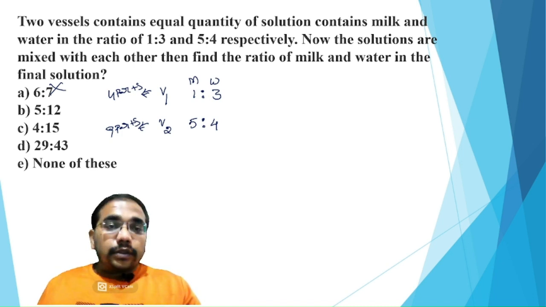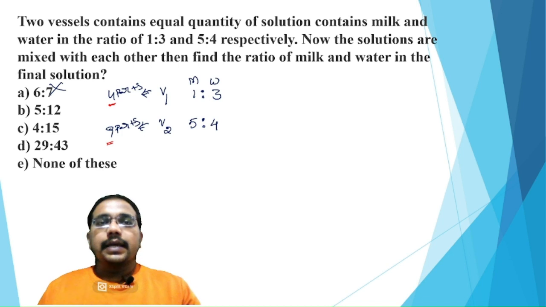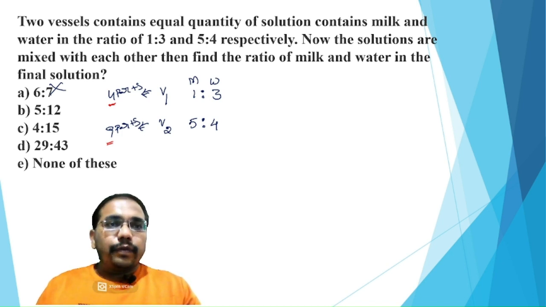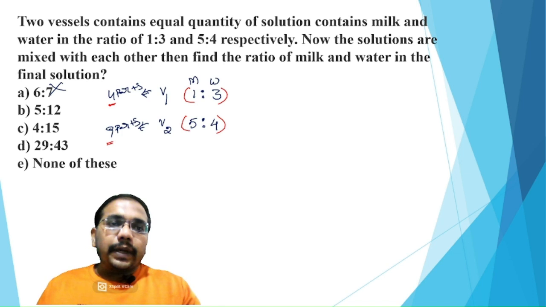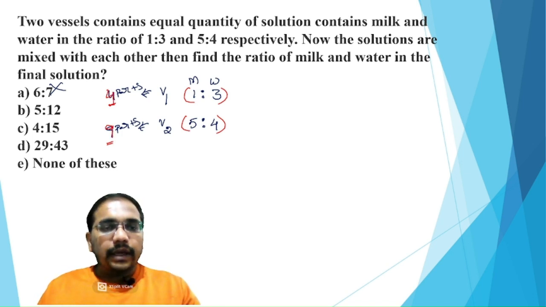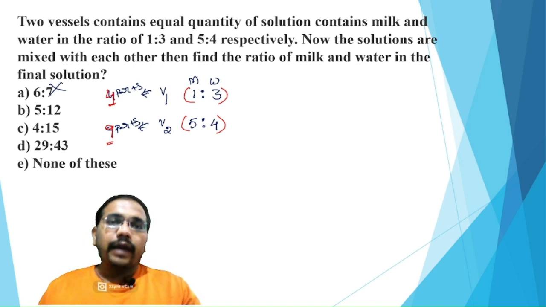So 4 parts in the first case, 9 parts in the second case. But the vessels contain equal quantity. That means here equal quantity, here also equal quantity. But here the first vessel has 4 parts and the second vessel has 9 parts.